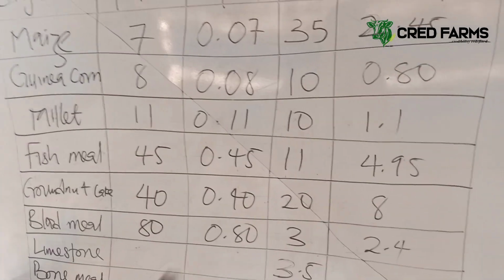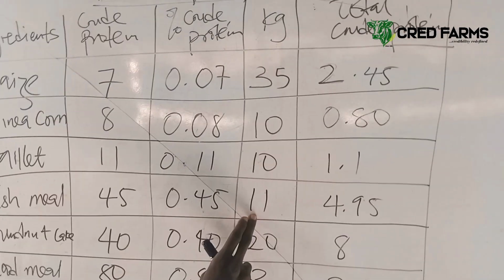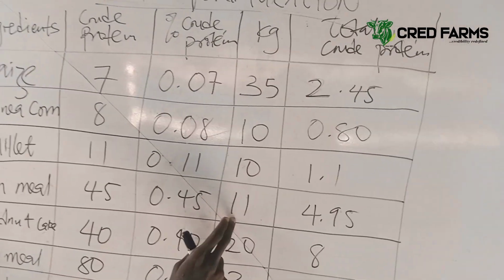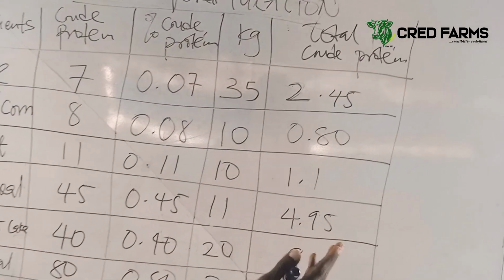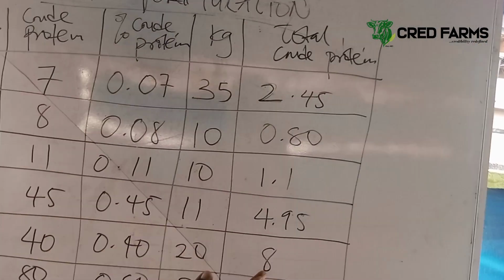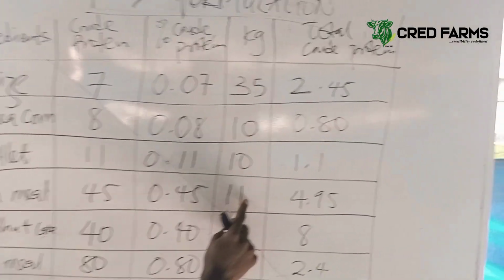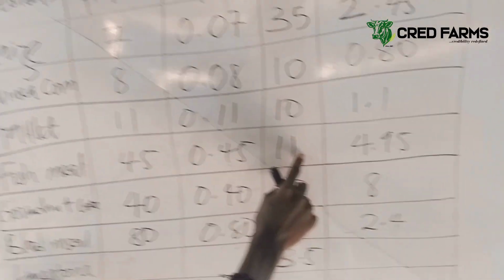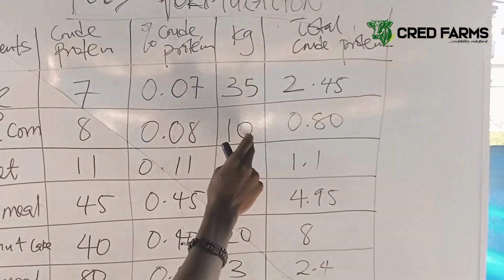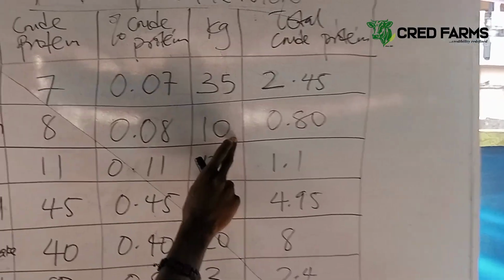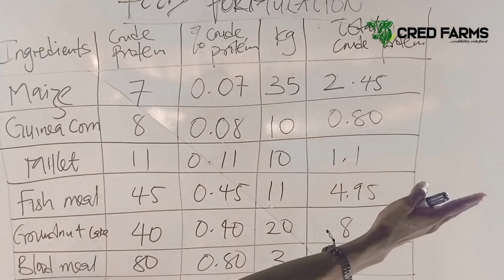So if I figure out this guy, I could decide, okay, let me reduce this guy to 9. If I reduce this guy to 9, it will be less than what it is here, maybe 4 point something or less than 4. Okay, so the number is going to drop. But I removed 2 from here, so it's no longer going to be 100 kg. So I might decide to carry that 2 and put it here. Instead of this being 10, it will now be 12. Okay, and since when we multiply it, the value we have here will not be so much, right?